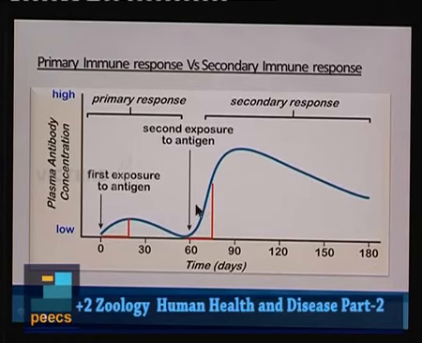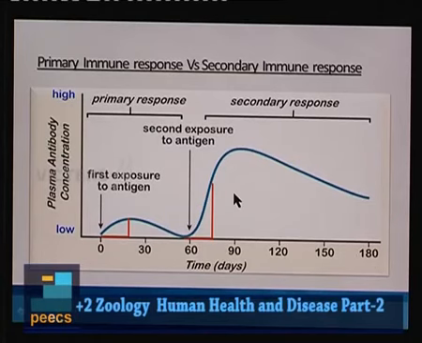What about the secondary response? Secondary immune response will happen when the same antigen encounters for the second time. When there is a second encounter of the same antigen, our immune system is already prepared. I mean, already there will be preparation of memory cells.